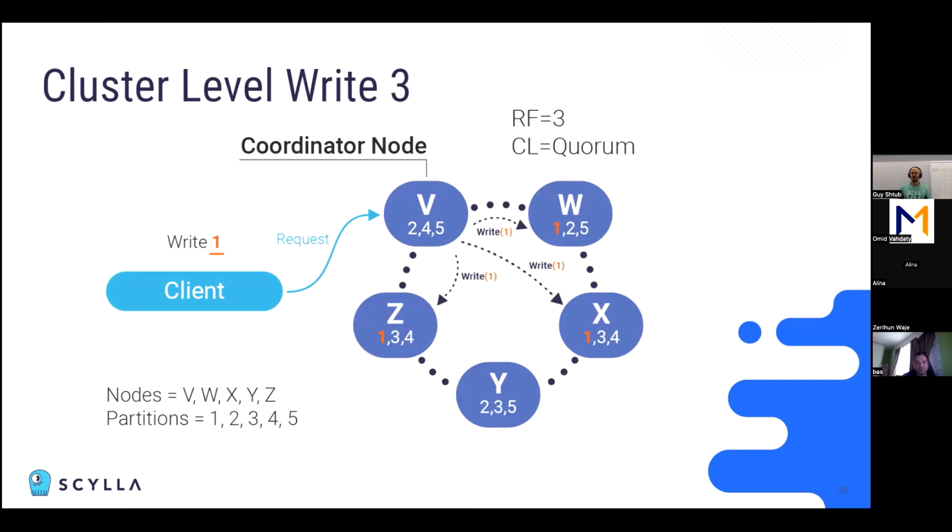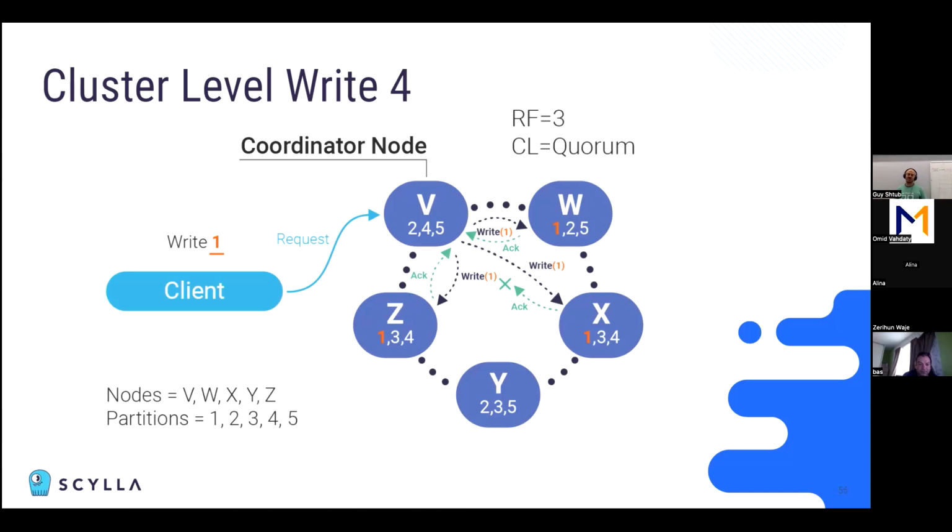In this example, the write was successful, and we can see that each of the replica nodes now has the data that we wrote. Each one of the nodes sends an acknowledgement back to the coordinator node. There was a question about that before: yes, a client, when writing data, expects to receive some kind of acknowledgement of whether it was successful or not.